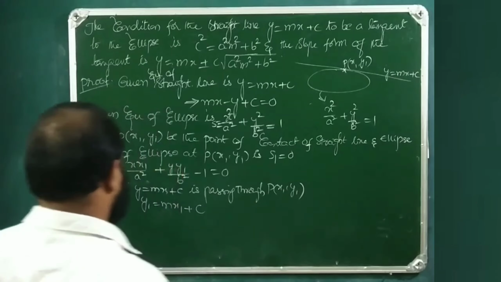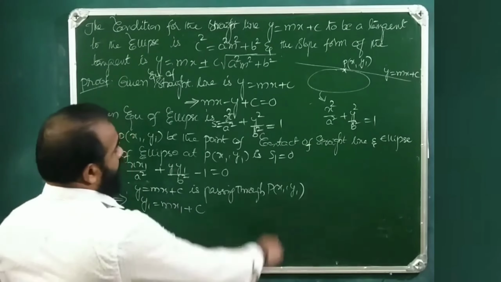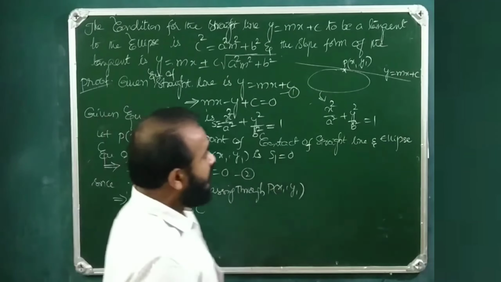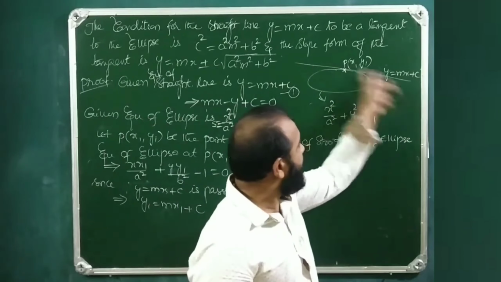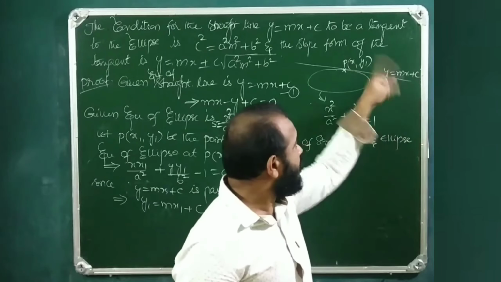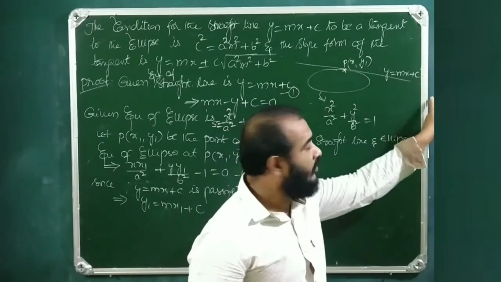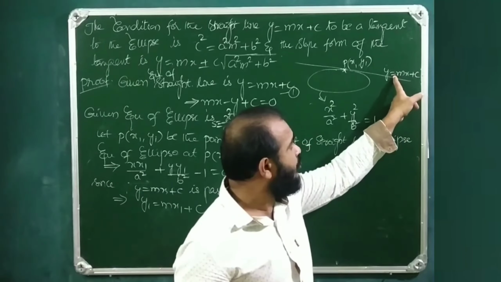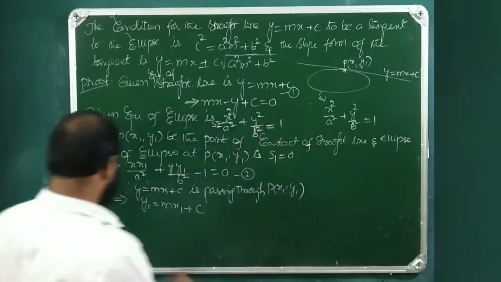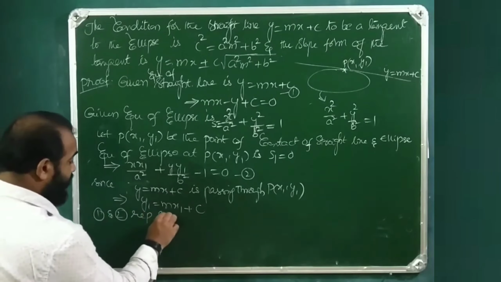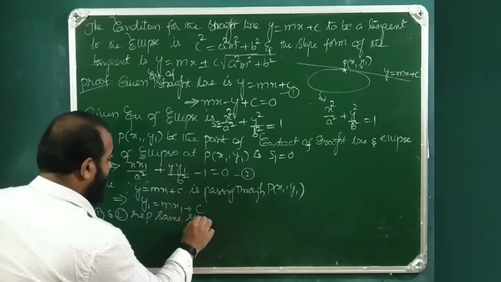So this 1 and this 2, y is equal to mx plus c is this straight line, whereas the equation of the tangent at P(x1, y1) with respect to the ellipse is S1 equals to 0. So 1 and 2 represent the same straight line.